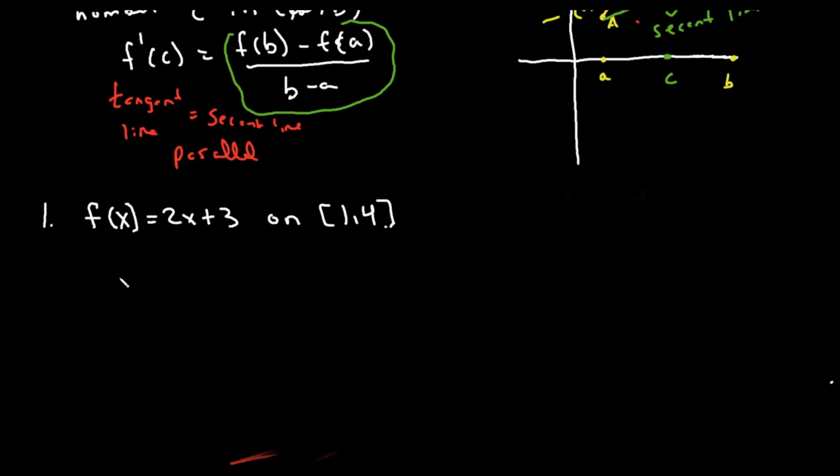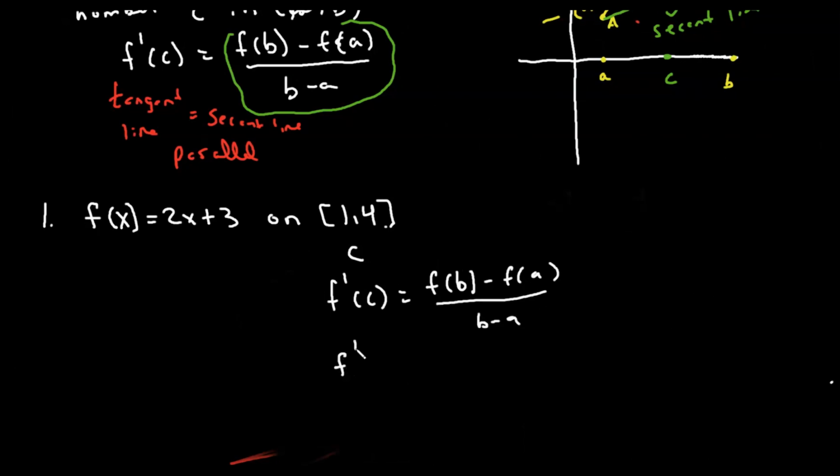So the mean value theorem is applicable, and there is some value c in there, such that f prime of c equals f of b minus f of a over b minus a.